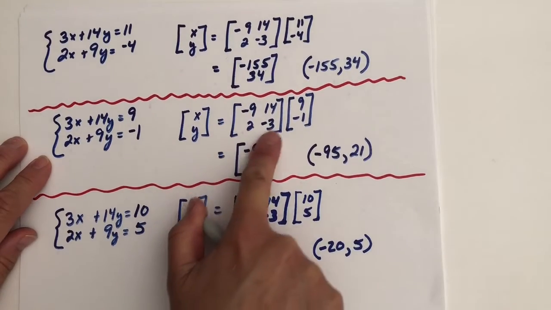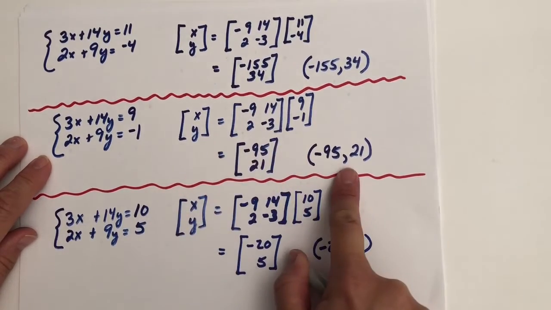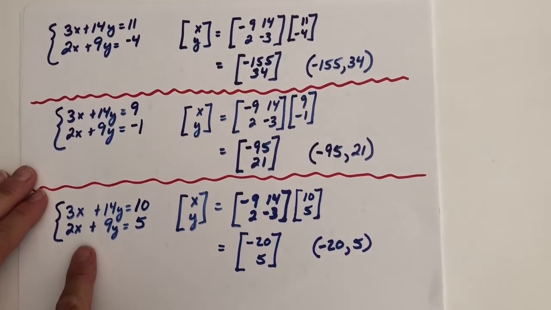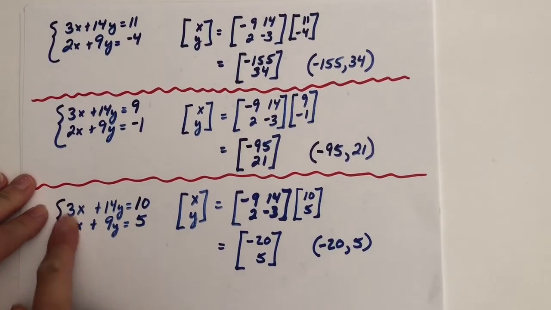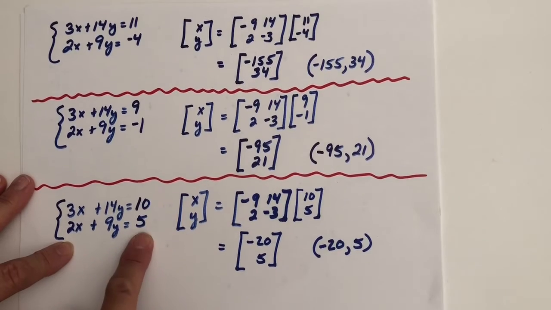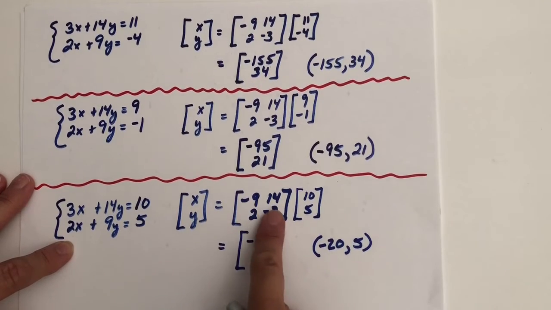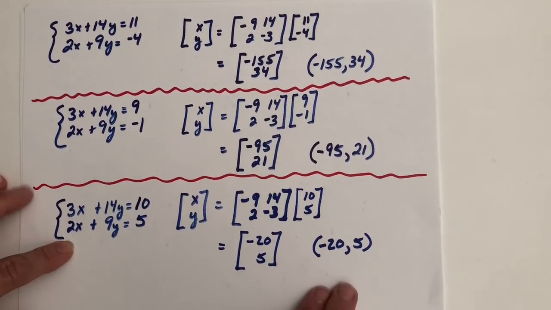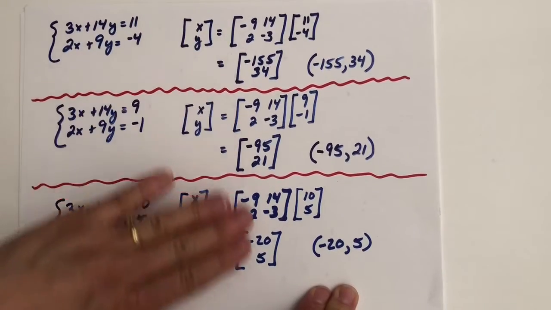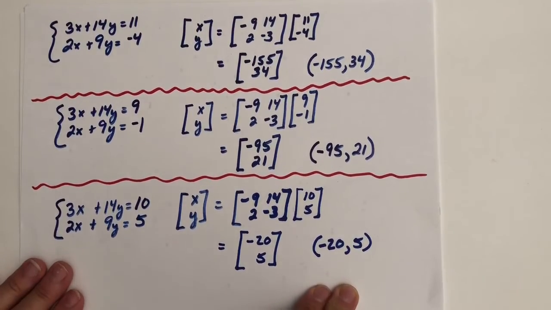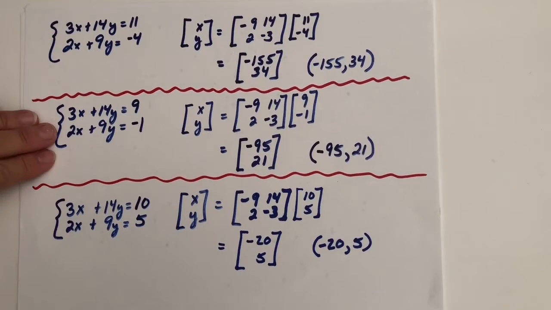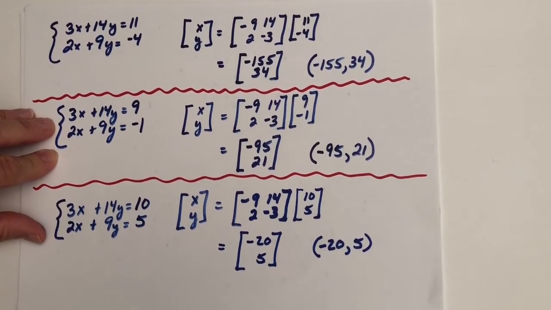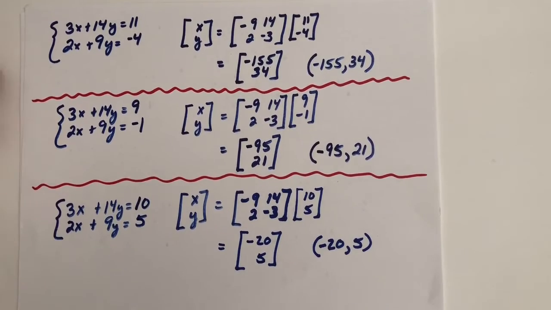We could still use the same inverse, find the solution very quickly. Here's another system, same coefficients for X and Y, just different constants. We still have A inverse as -9, 14, 2, -3, multiply by the constants, and you can very quickly solve multiple systems if each of the systems have the same coefficients for X and Y. So that's one benefit of this particular strategy.